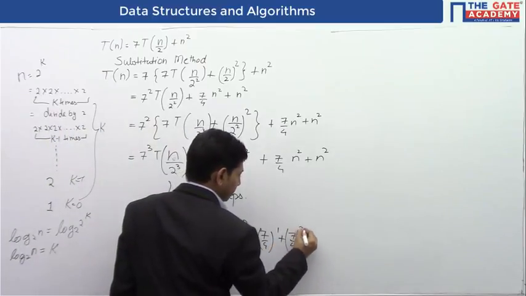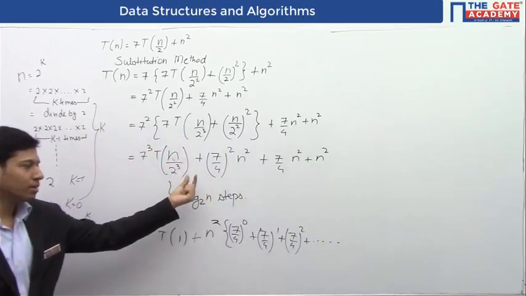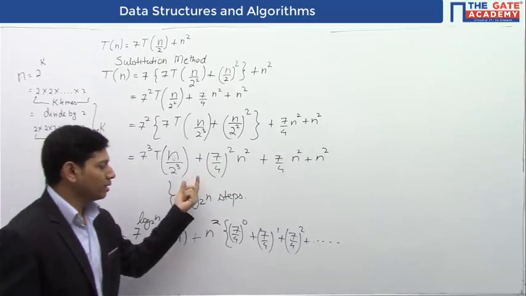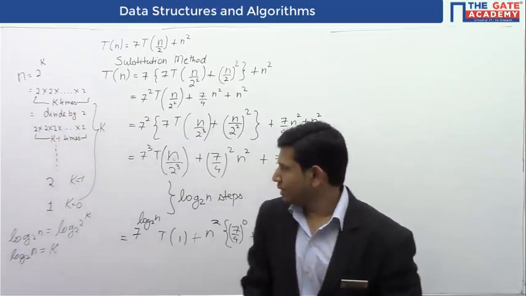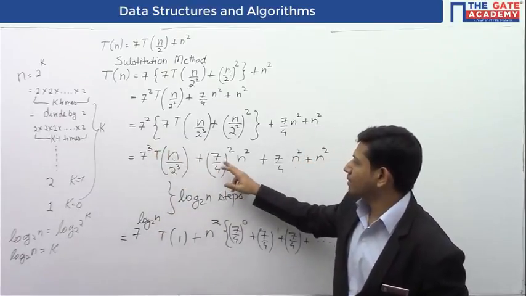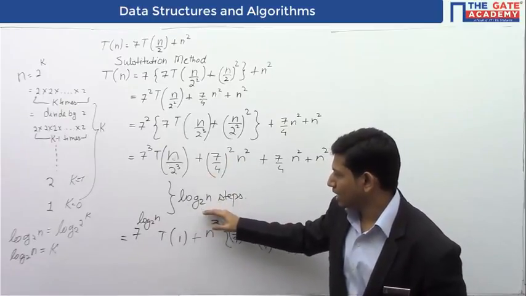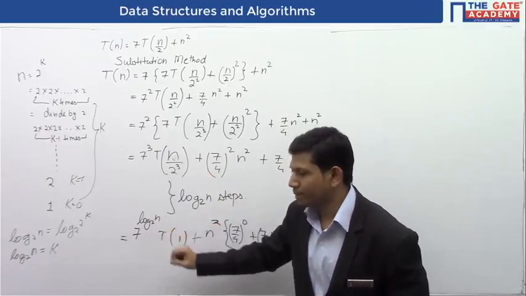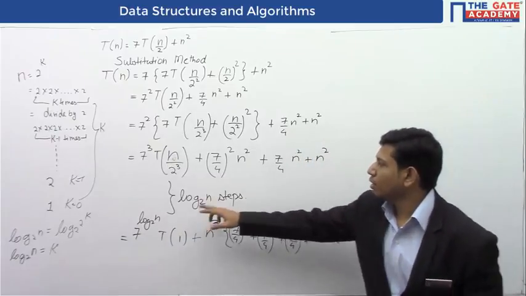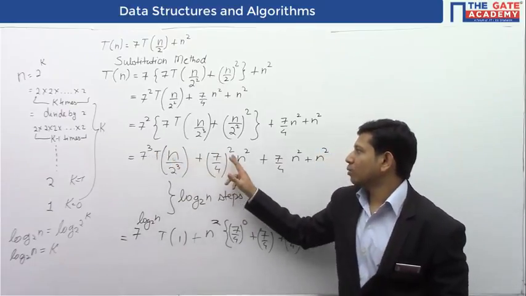Like this, we will have terms containing powers of 7 by 4. Now what will be the last term? In the third step, when we have 7 to the power 3 here, we have 7 by 4 to the power 2. So after log n base 2 steps, when we have 7 to the power log n base 2 over here, we will have 7 by 4 to the power log n base 2 minus 1. If here it was 3, it was 2.